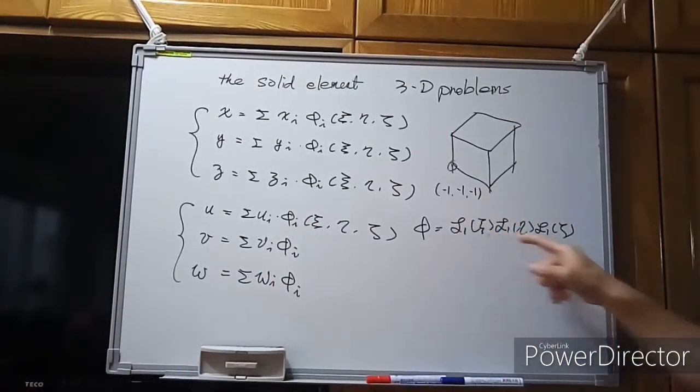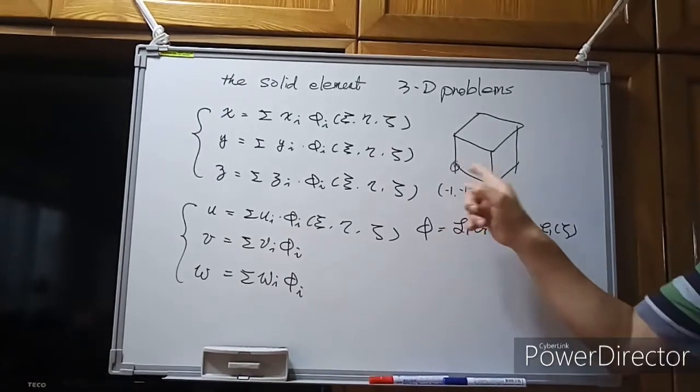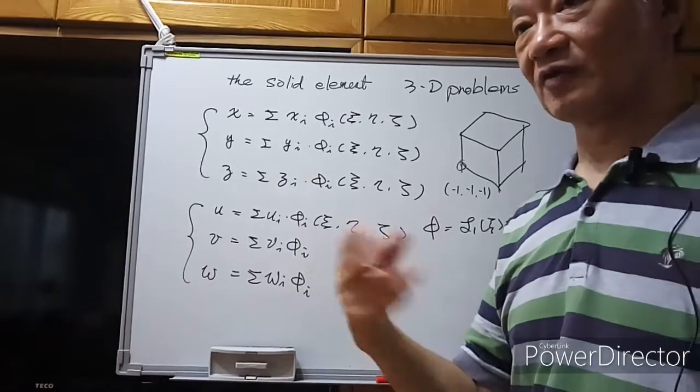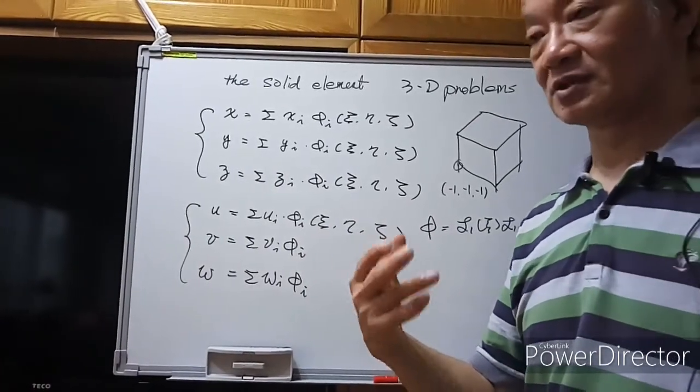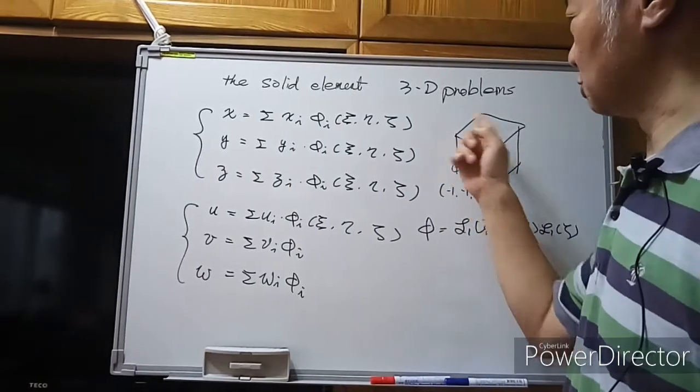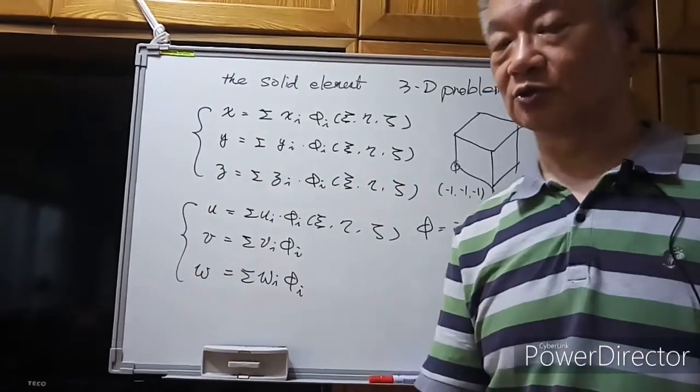Okay, so if we multiply these three together, then you can get the phi function for this point. And you can follow a similar derivation to derive the shape functions for all other nodal points.